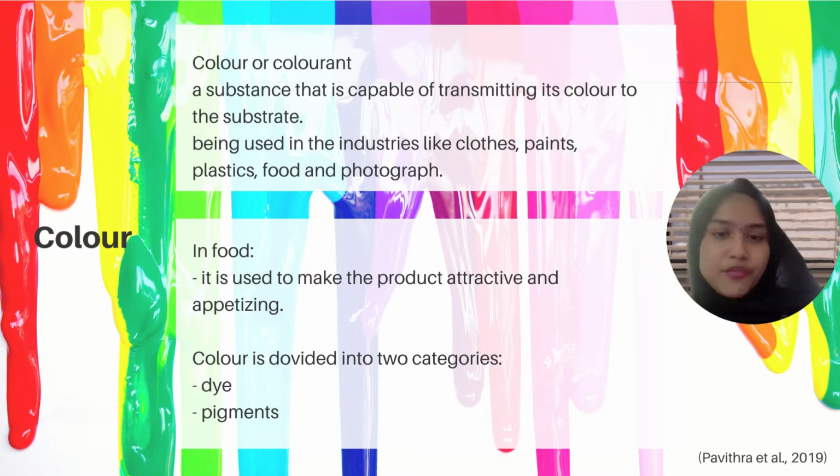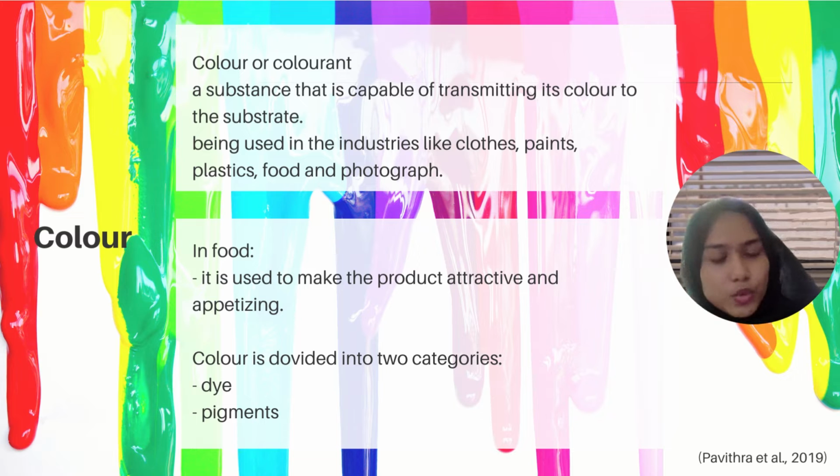First of all, let me define what colors are. Color or colorant is defined as a substance that is capable of transmitting its color to substrates. Colorant is used in a variety of industries, which include the clothing industry, ceramic, paint, plastic, photograph, and also the food industry.